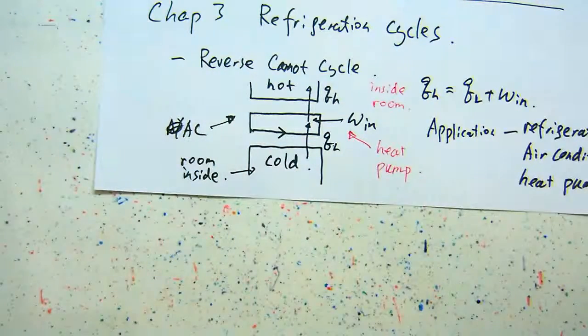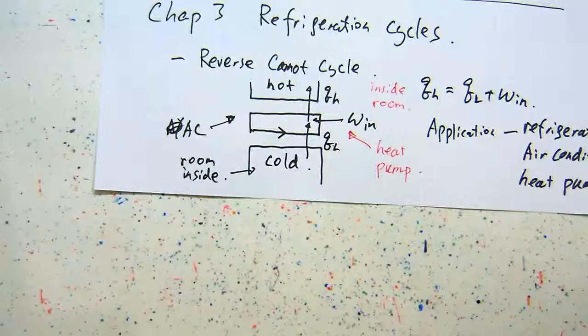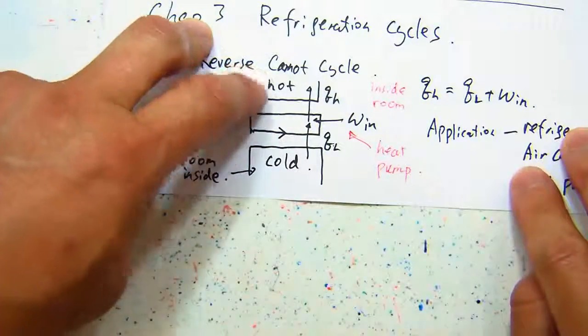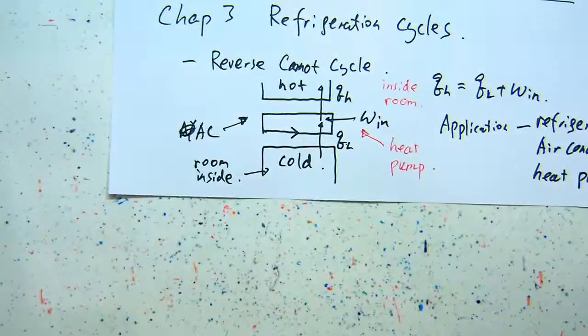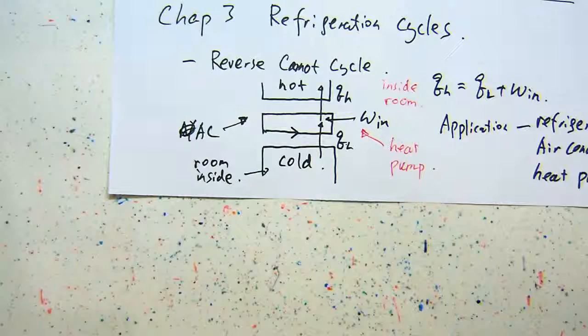So it's the same device which can make the cold space even colder and a warm place even warmer. Certainly, when you have a unit, you cannot switch inside and outside. Right, you cannot switch your room to the outside based on what we're showing here.